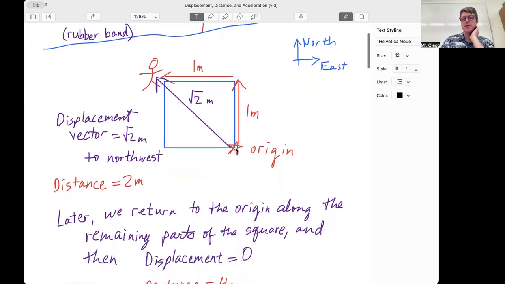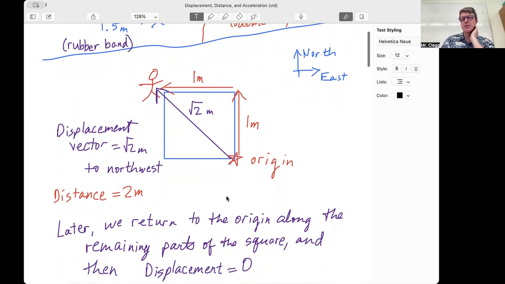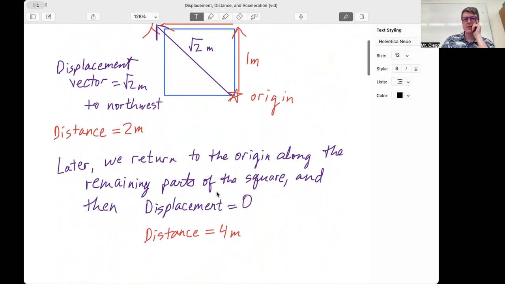But the displacement went 1 meter, and displacement also has a direction. So it's 1 meter to the north, square root of 2 meters to the northwest, and then it became 1 meter again to the west, and then less and less, and now became zero again. Hopefully that makes sense.